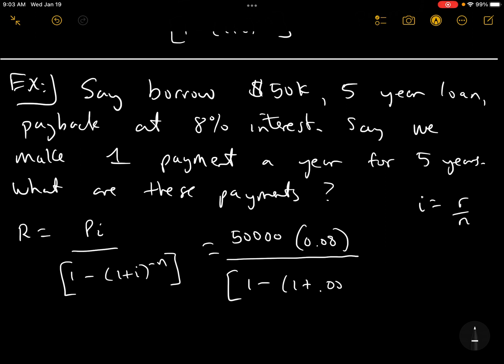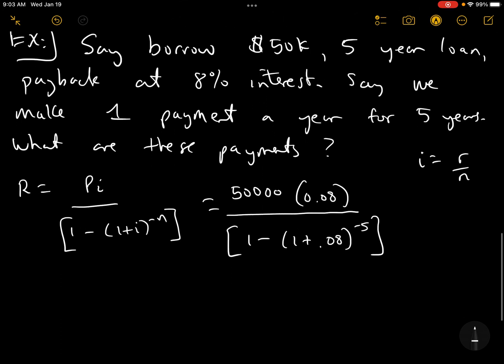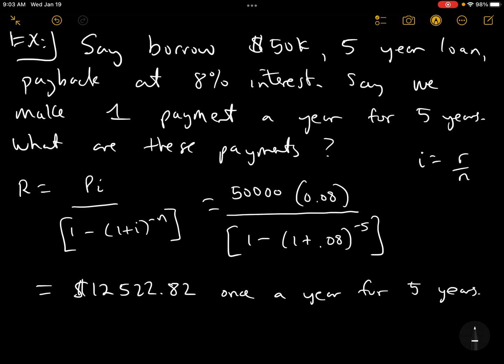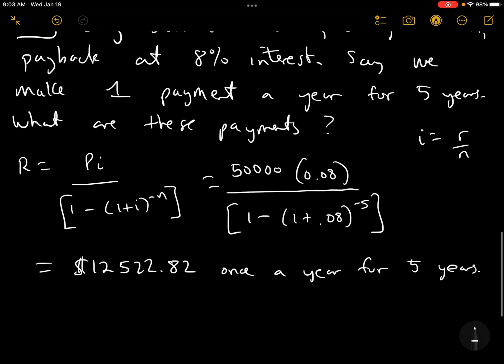So in this case, it's just 0.08. And then minus 5 is the number of years, or number of compounding periods. You plug all that into your calculator, and you get $12,522.82. And you pay this once a year for 5 years. And this pays off the loan. And of course, you're paying a lot more than $50,000 back. That's how this works, right? This is how banks make money.